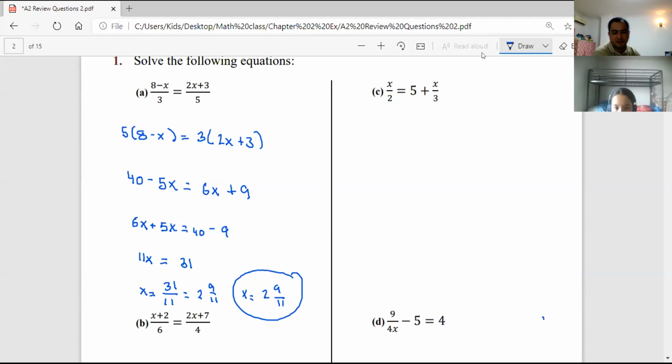It is equal to 3. Why are we multiplying by 6? Because 6 is the least common multiple of 2 and 3. Here we have 2, here we have 3. That's why. Okay, so that's 3x.